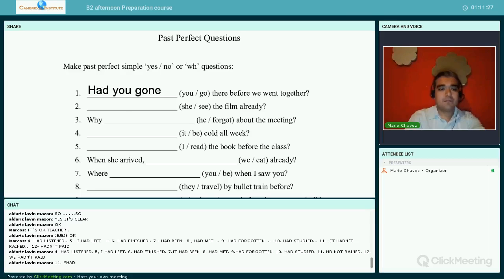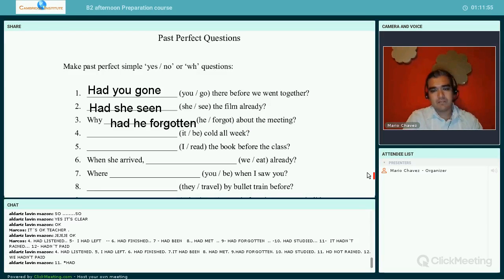If we make it a past perfect question, we might say, had she seen the film already? Then we have why she forgot about the meeting. Why had she forgotten about the meeting? Very good.